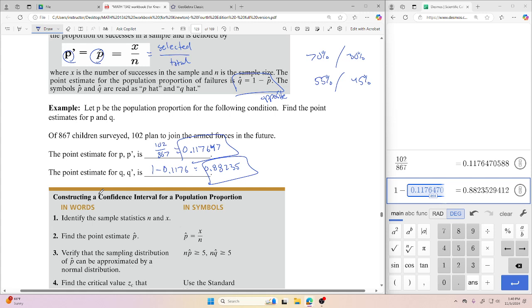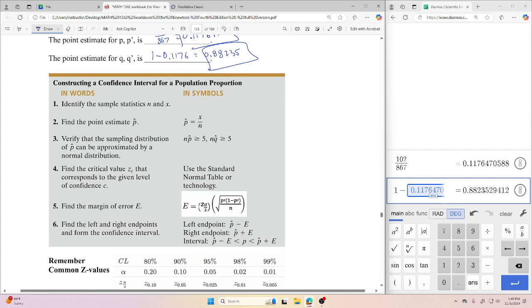We're good? Just divide. So, this is an interesting little side note here. Normally, we have the magic number 30, and I say n must be greater than or equal to 30 to say we have enough. Well, the way they say it here is that n times p, or n times q, has got to be greater than or equal to 5. That's kind of the new number for them.